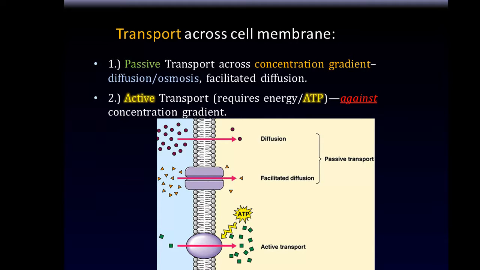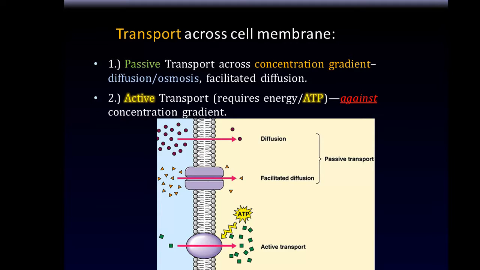Now, passive transport occurs only if there is an existing concentration gradient there. If there is no concentration gradient there, passive transport ain't going to happen, right? So passive transport occurs only across an established concentration gradient via diffusion or osmosis, okay?